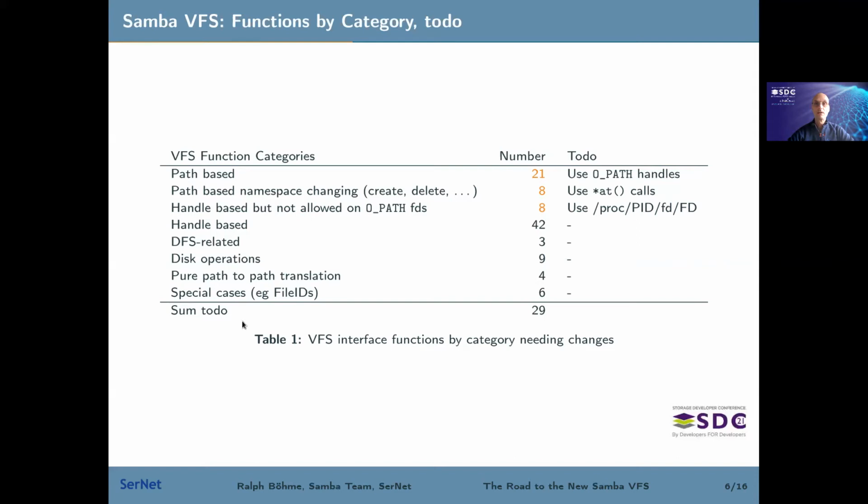Now, which are the ones that we need to worry about when making changes to the VFS, especially as we're trying to convert from path-based VFS functions to handle-based?